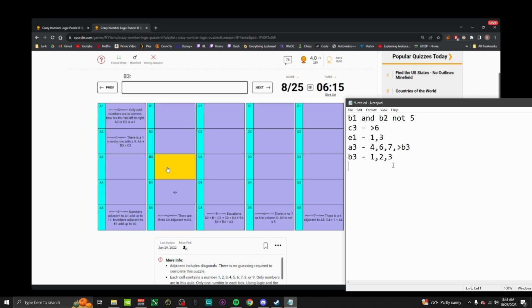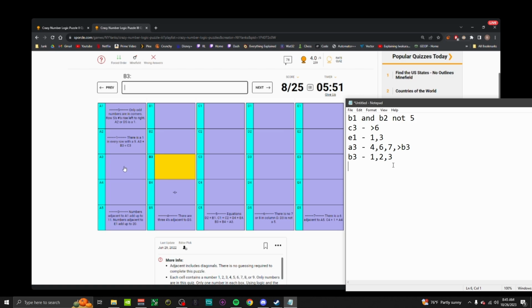A3 plus B3 has to be less than C3. If it was 1 or 2, it would be 7 or 8 at least. What? So B3 plus B4 is A3.